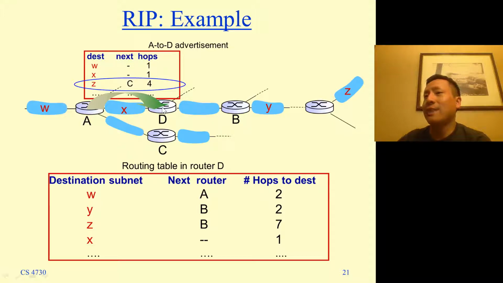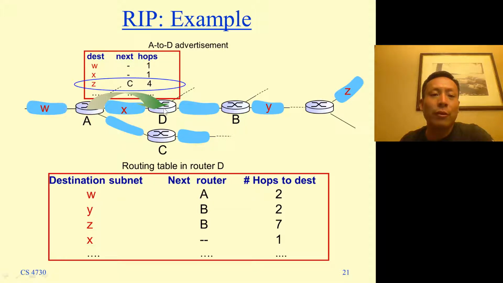Remember the relaxation, the Bellman-Ford equation, to see if you get a better value. So essentially, once you receive this good news, D will compare. Apparently, originally the cost to Z is 7. Now you have 4, which means you add an additional 1 hop. This is going to be 5, which means D finds a new path to reach Z, which costs 5 instead of 7. This is a better deal.